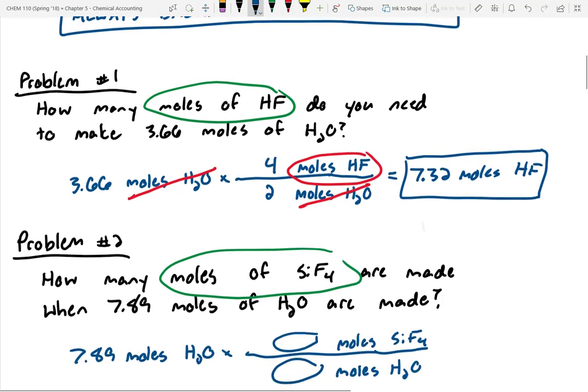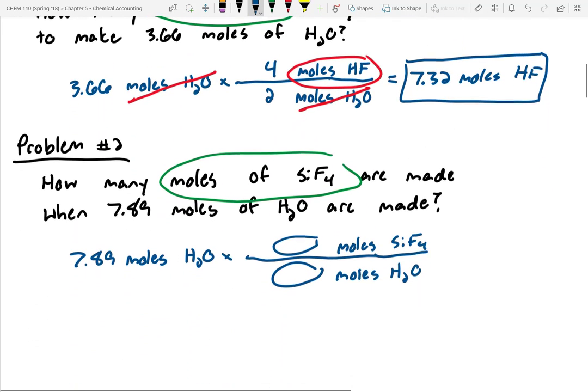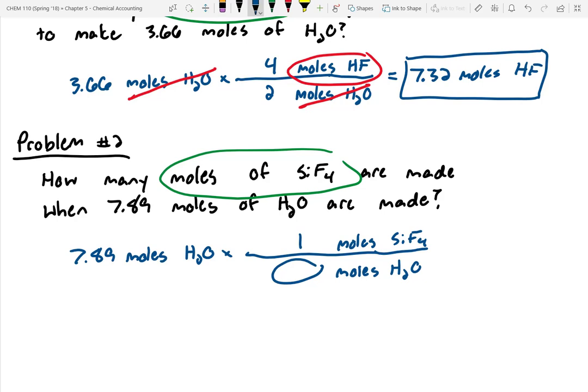So we'll go back up. This time, we're not considering HF at all. We're just looking at this ratio of silicon tetrafluoride to water. So it looks like for every 1 mole of silicon tetrafluoride, you always get 2 moles of water for this specific reaction. So let's plug that in. So 1 mole of SiF4 is always in a ratio to 2 moles of water, right?